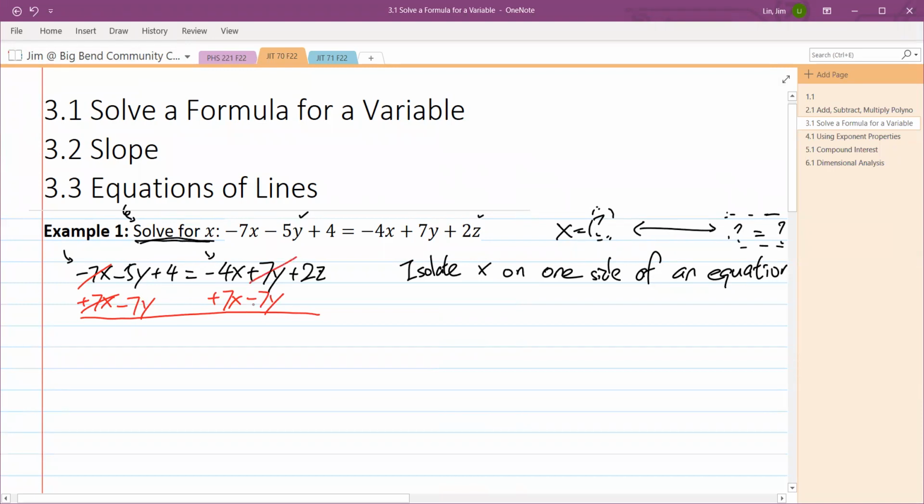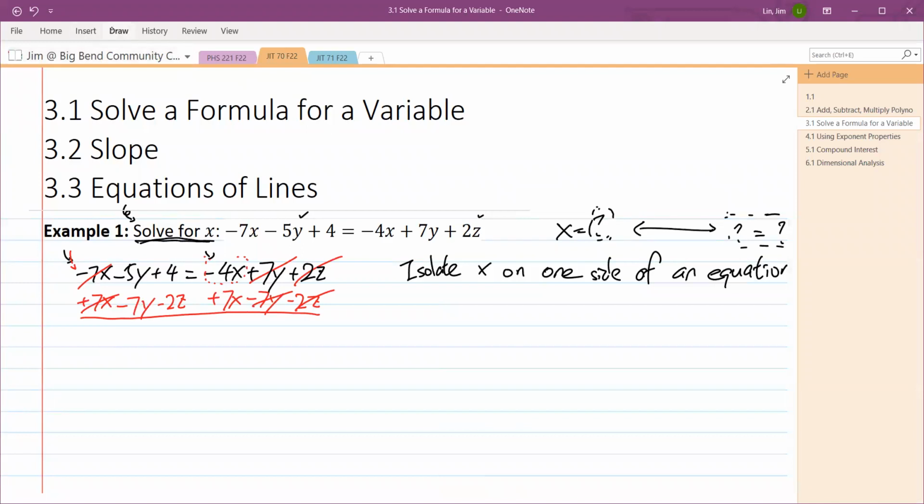Because I want to eliminate 7y so that I can make sure the x term will be the one that remains on the right-hand side. So the x term is already gone on the left, right? And then I can also subtract 2z on both sides of the equation. So that's the operation on both sides for you to eliminate 2z.